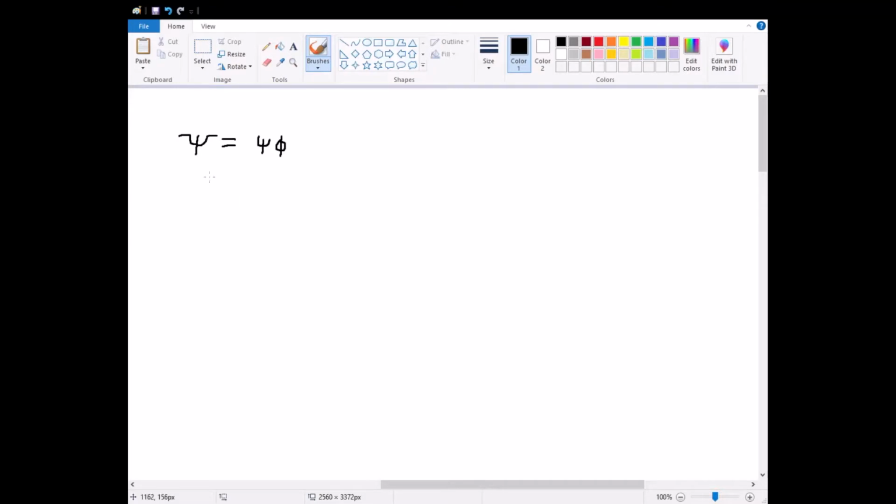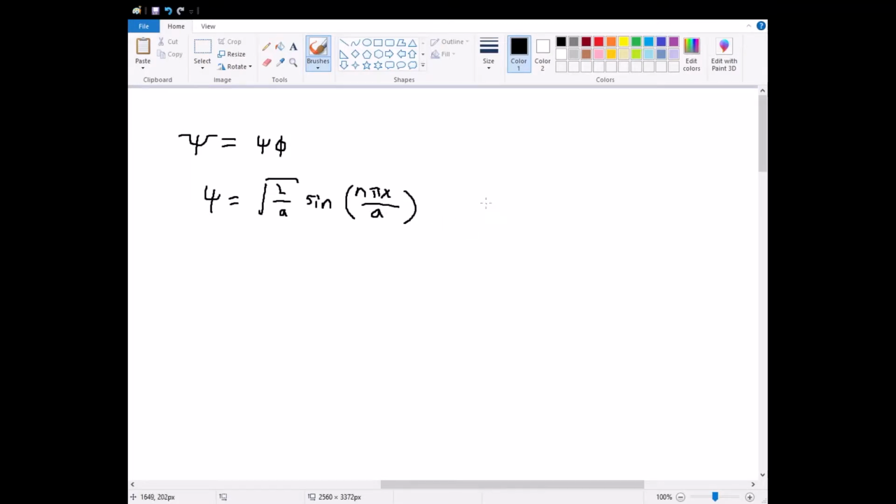We've already seen the form that psi takes for the specific case of our infinite square well: square root of 2 over a times sine of n pi x over a. And we already know what phi takes the form of.